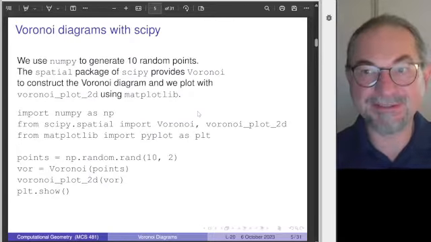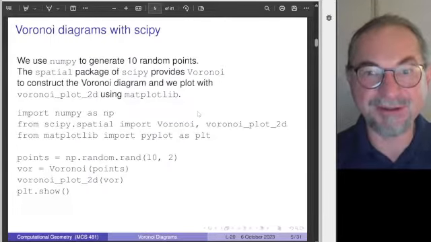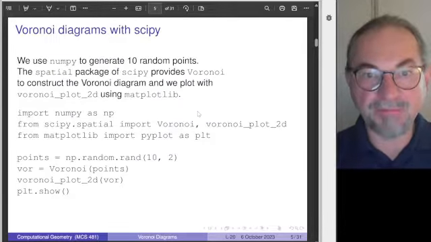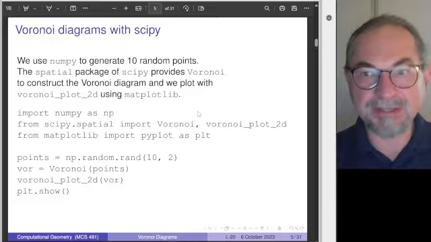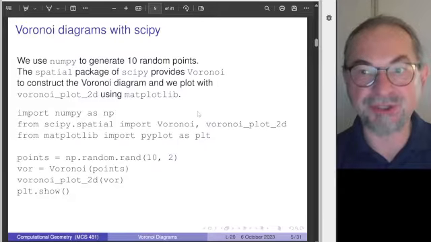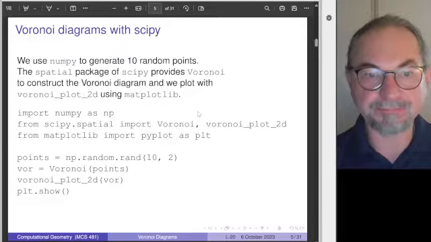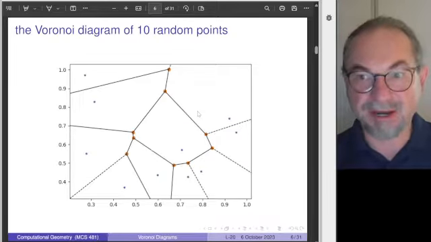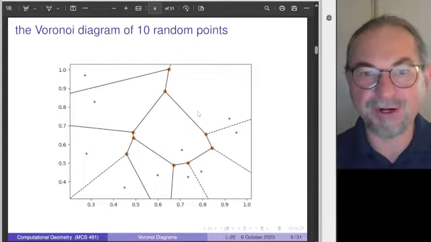And this consists of 7 lines of Python code, which will work if you have numpy, scipy, and matplotlib installed. So these are the most basic packages in the Python ecosystem. So here is then a diagram for 10 random points.